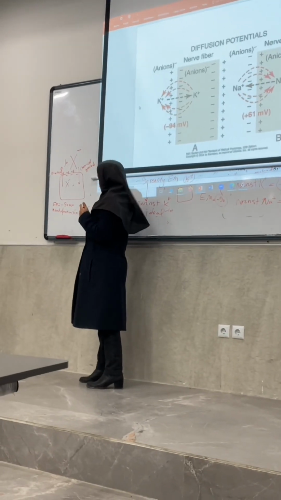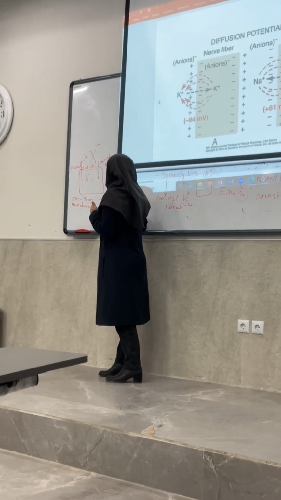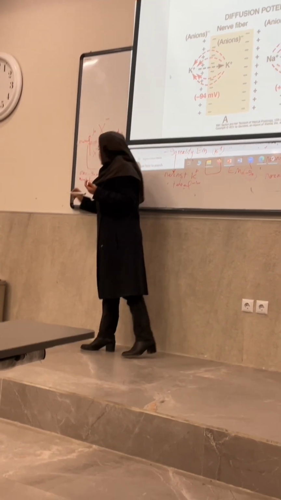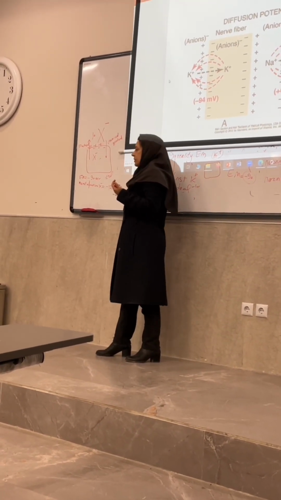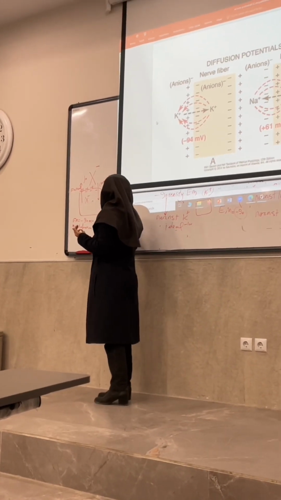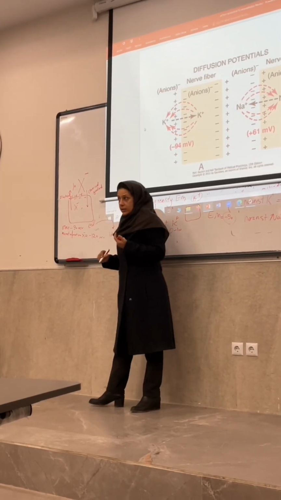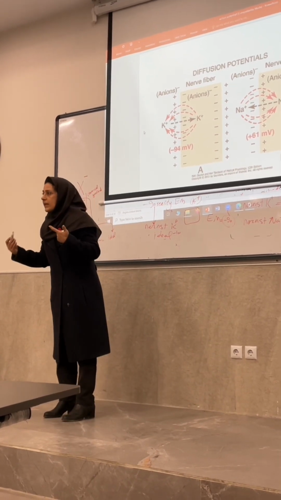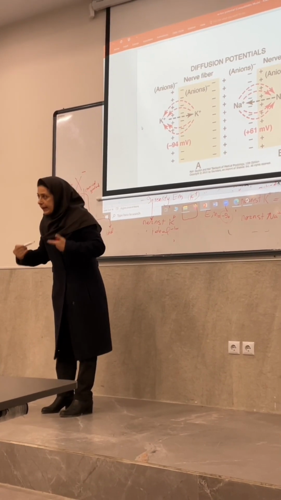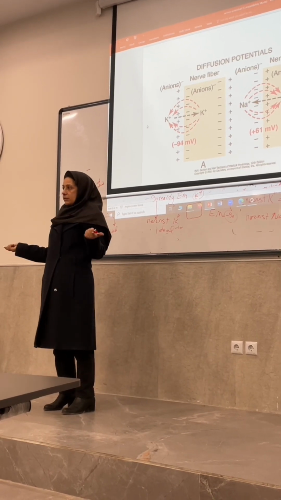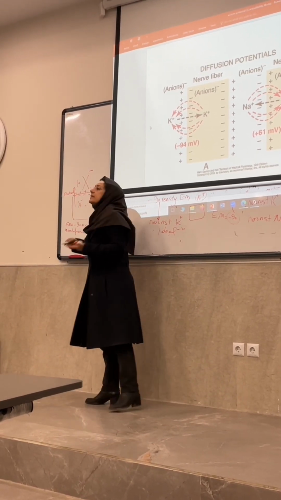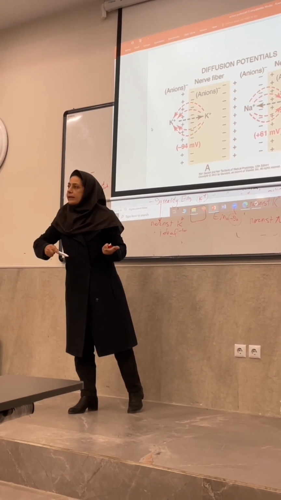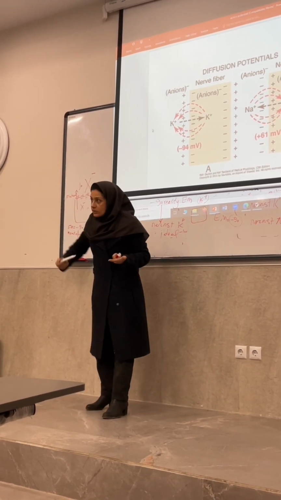The Nernst equation is ideal. It's not real. The EAM is real. Which one wants to reach the other one? Real wants to reach the ideal. Okay? So the ion wants to transport in order to make the cell more negative. The ion is negative. How can it make the cell membrane more negative when it's negative? Come inside.